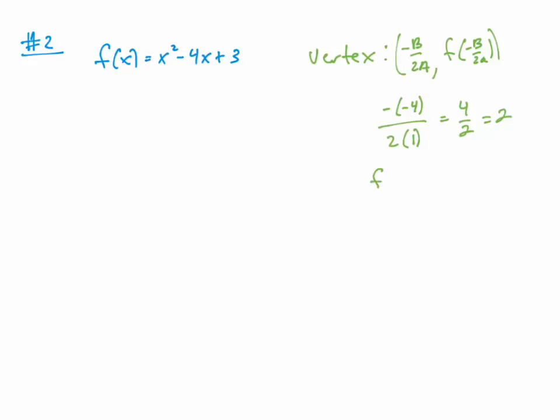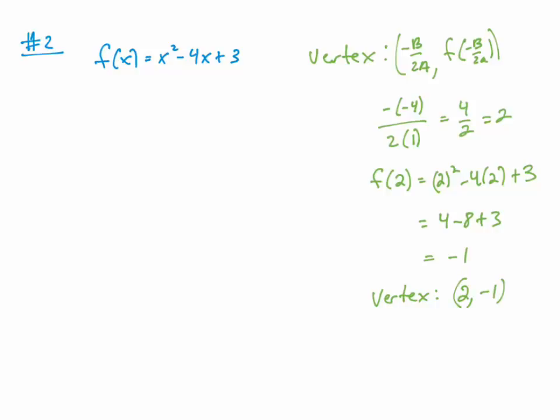And then we input 2 into the function, so f of 2 is going to equal 2 squared minus 4 times 2 plus 3. We get 4 minus 8 plus 3, it's going to be negative 4 plus 3, which is negative 1. So the vertex here is 2 comma negative 1.